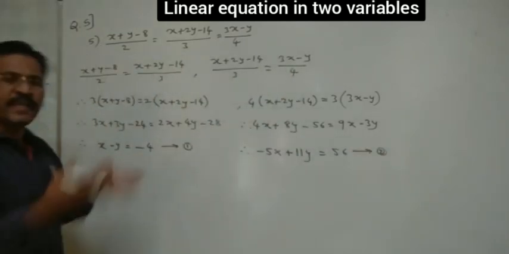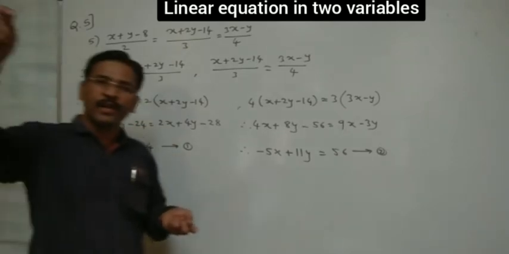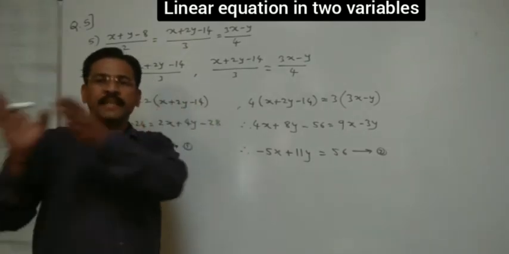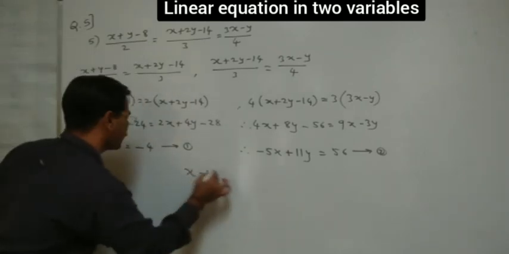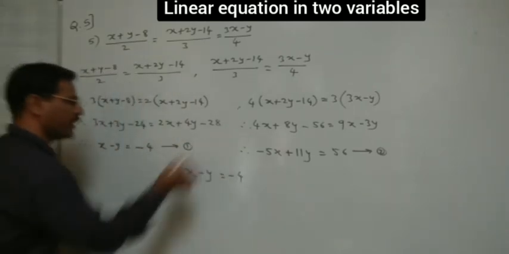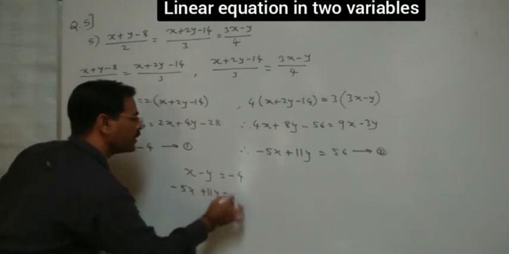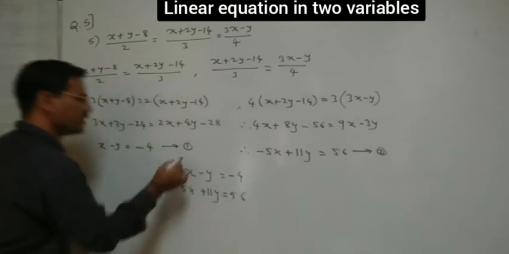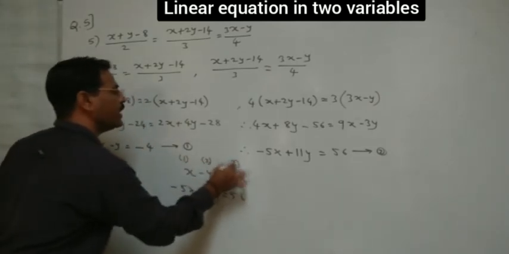Now after getting these two equations, write them one by one and make columns 1, 2, 3. Then D, Dx, Dy like this. We'll write here x minus y equal to minus 4, and here minus 5x plus 11y is equal to 56. Similarly, this is column number 1, 2 and 3.